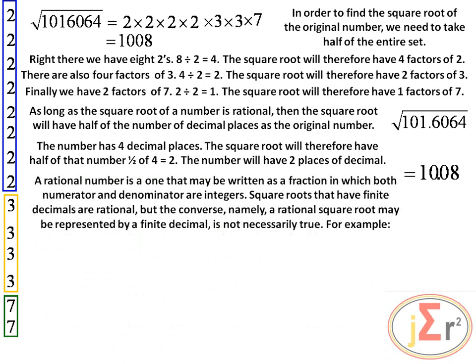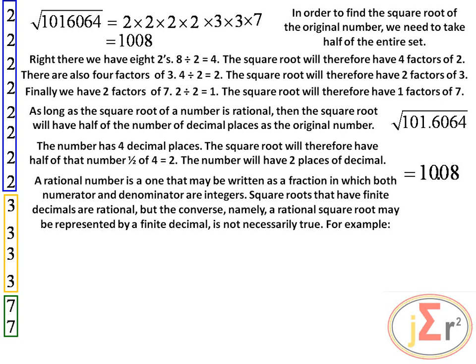A rational number is a number that may be written as a fraction in which both numerator and denominator are integers. Square roots that have finite decimals are rational, but the converse, namely that a rational square root may be represented by a finite decimal, is not necessarily true.